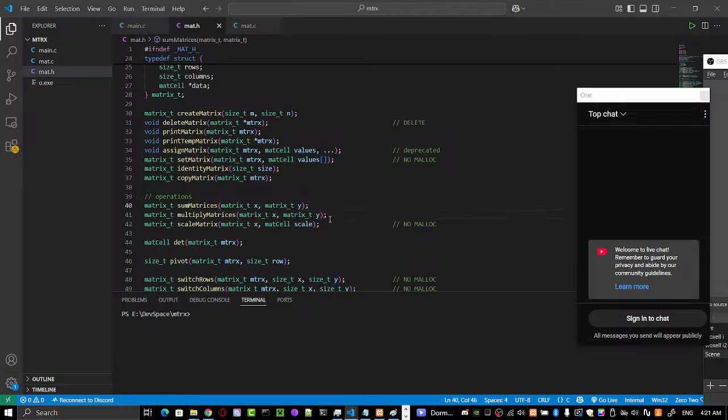This too will allocate memory. This will create a new matrix. This will generate a new matrix. This, of course, will allocate memory. And this is really obvious.